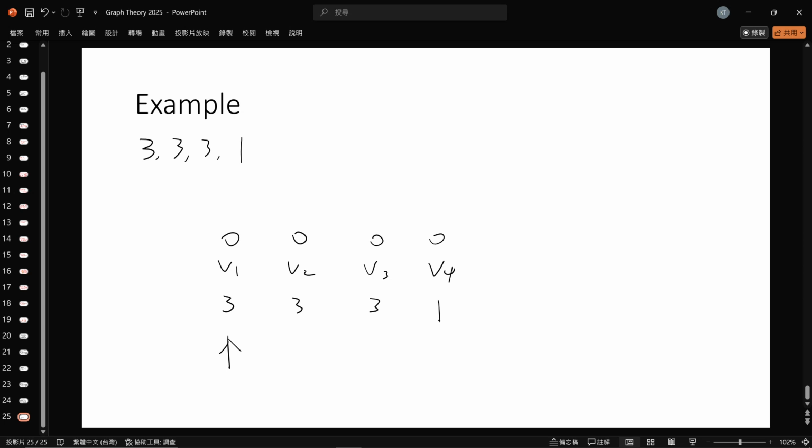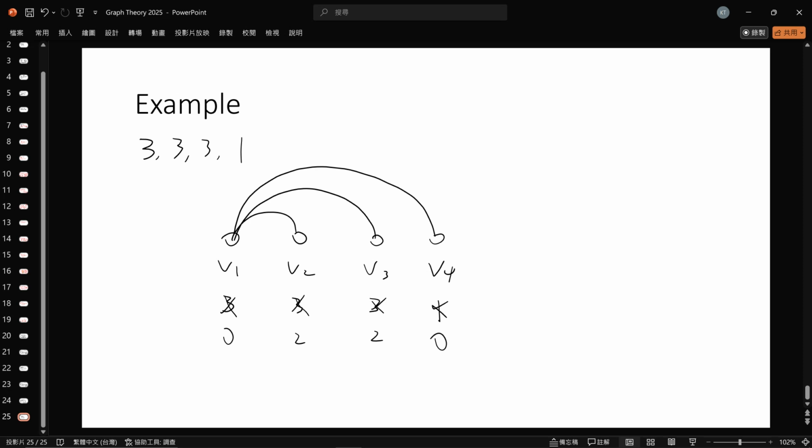Say let's pick V1, so the target degree is 3, which means we need to find 3 neighbors. Now after we add these 3 edges, the degree sequence becomes 0, 2, 2, 0.